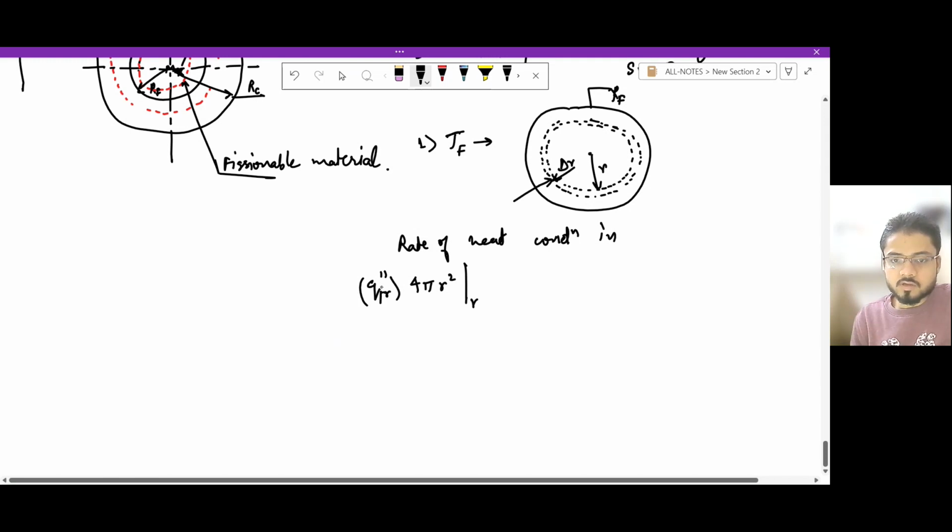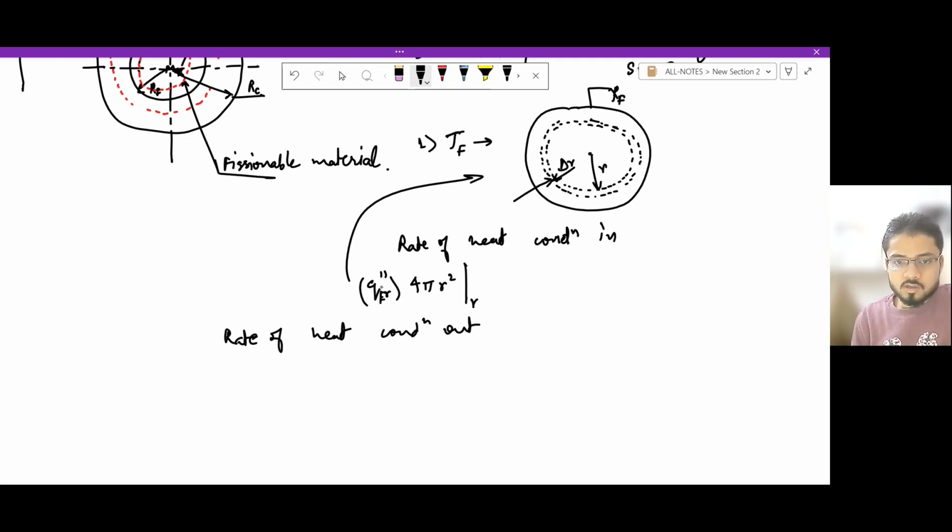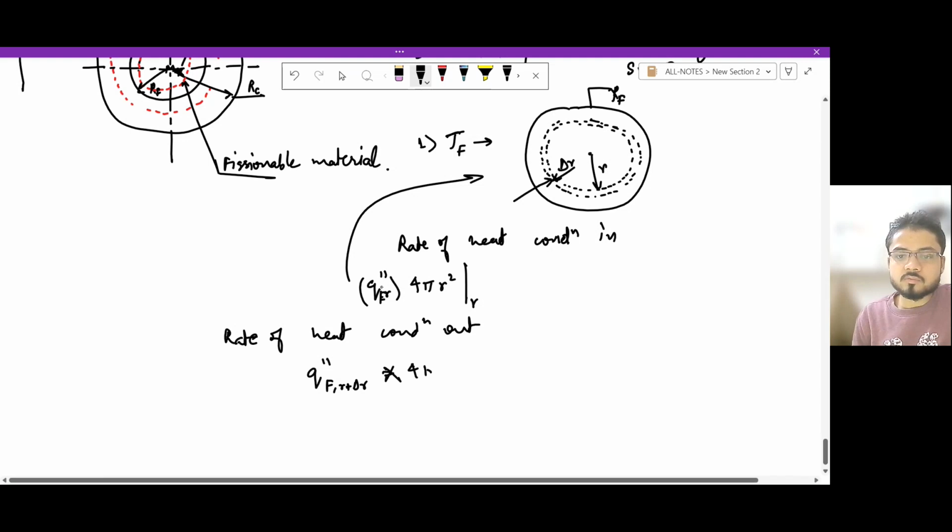And you could also probably write F here, clarifying that this Q double prime is concerned with the inside of the core. And the rate of heat conduction outside would be Q double prime of F at r plus del r, times 4 pi (r plus del r) squared at r plus del r, of course.